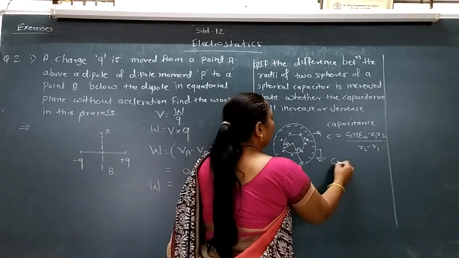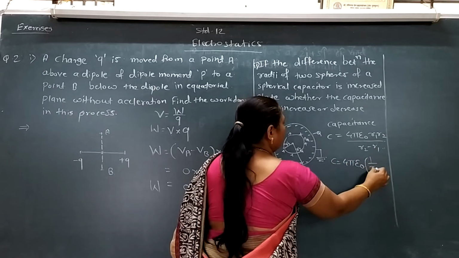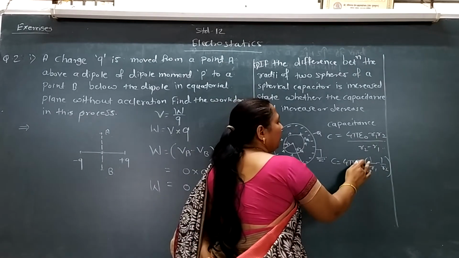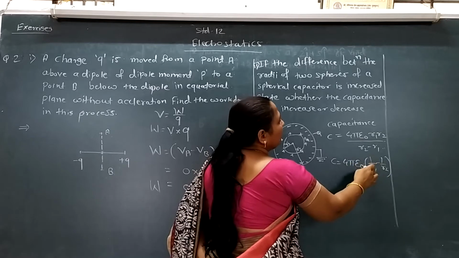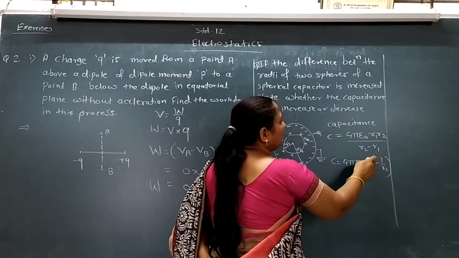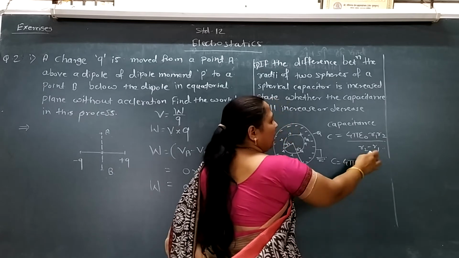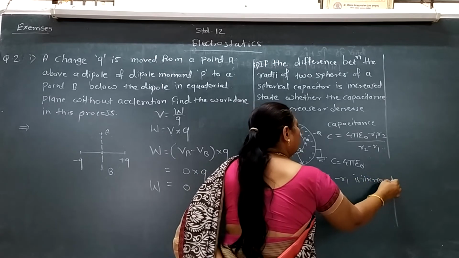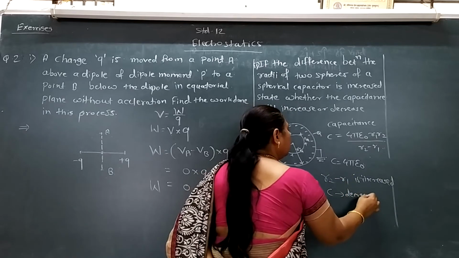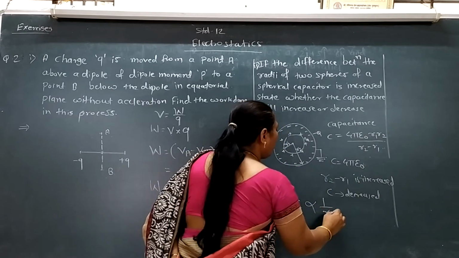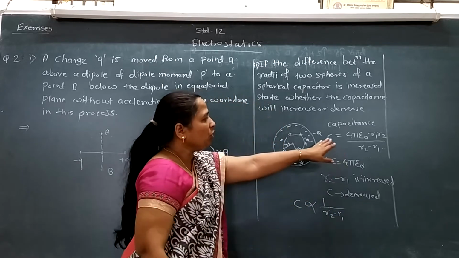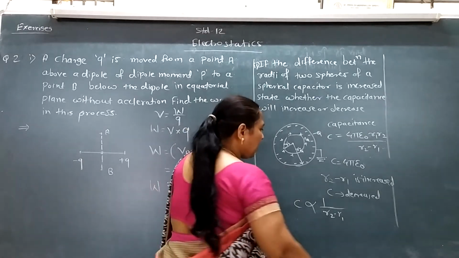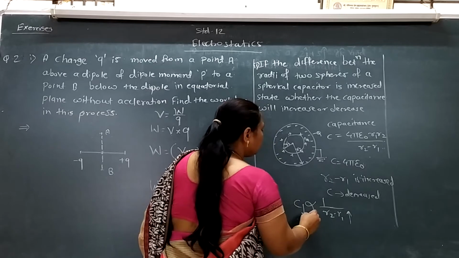If R2 minus R1 is increased, capacitance decreases, since C is inversely proportional to R2 minus R1.